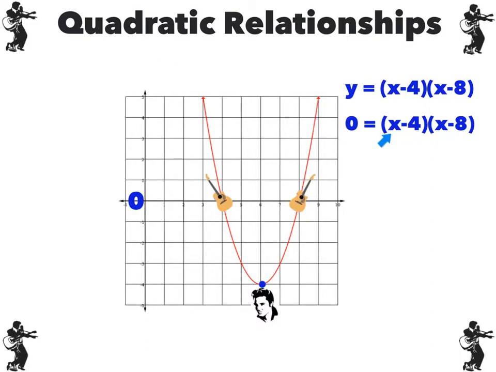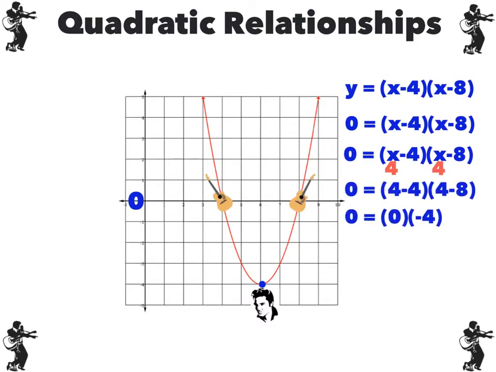I could make the first parenthesis group become a 0, or the second one. Anytime you multiply with a 0, either this group or this group, it's always going to make the entire equation equal to 0. So if we plug in 4 for x, you can see that the entire equation will become 0.